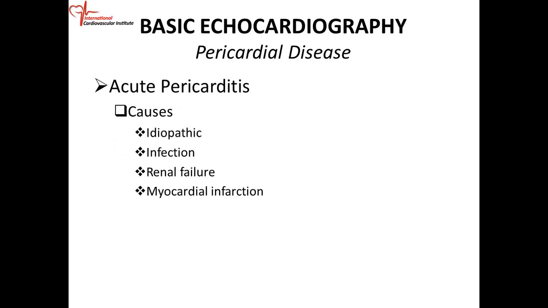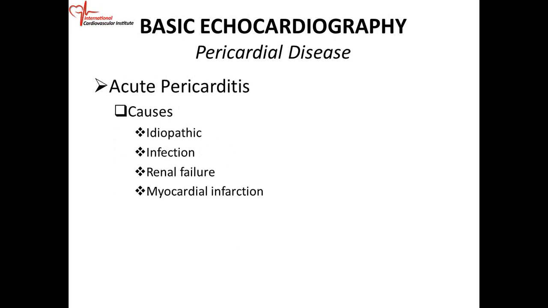Those are the symptoms that the patient will present with. What are the more common causes of acute pericarditis? Idiopathic, which means we don't know what caused it. The patient has the typical chest pain and the ECG features, but we don't know the cause.